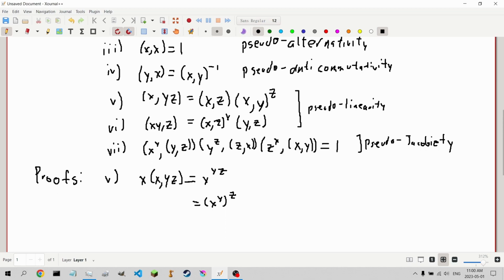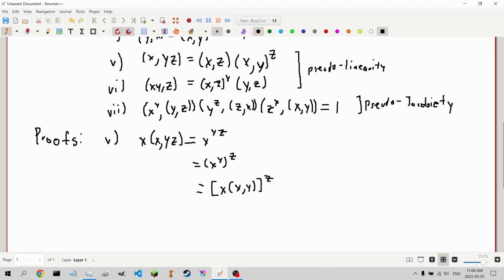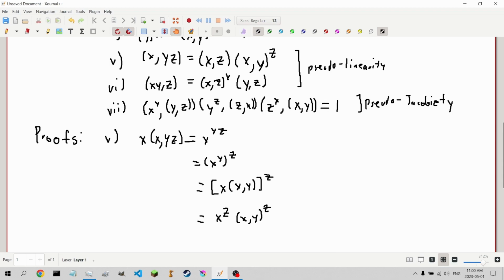And then this lower element is, as we saw, equal to the product of x and the commutator between x and y. And that whole thing is going to be to the z. And so then we can split this over these terms, because as we saw, this is a morphism.